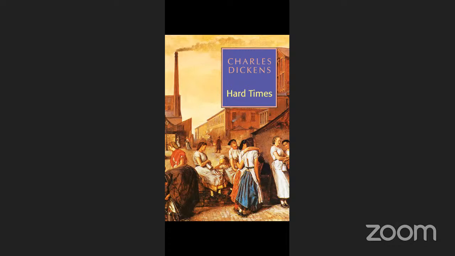The person's name is Gradgrind, and this Gradgrind is a man of utilitarian philosophy of facts. Utilitarian philosophy of fact. This is talking about education of the head and education of the heart.